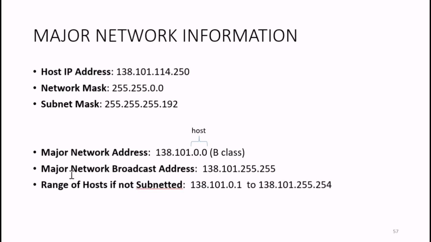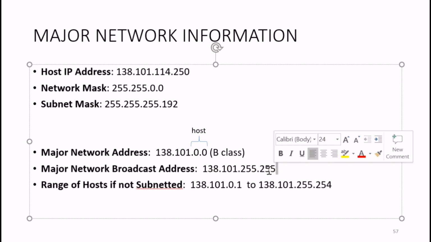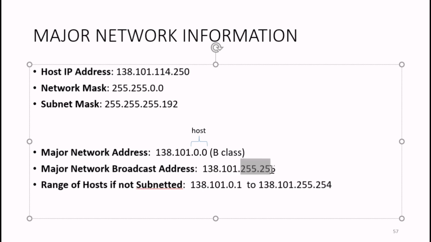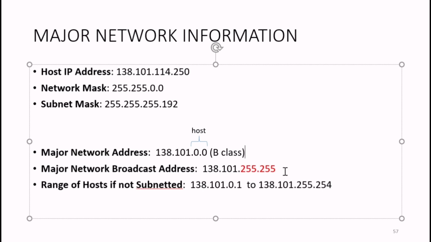And then the major network broadcast address. For the broadcast, we need all the host bits here to be 1. So you get 255, sorry. Yeah. So if it's in binary, it's like this.